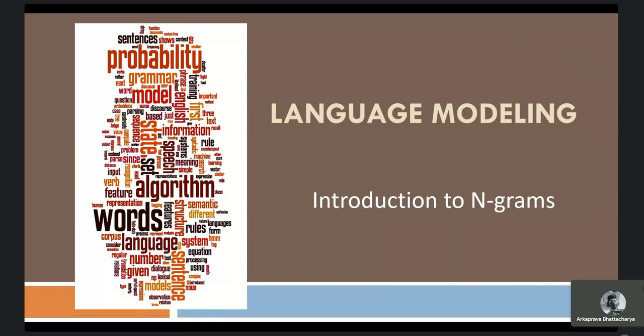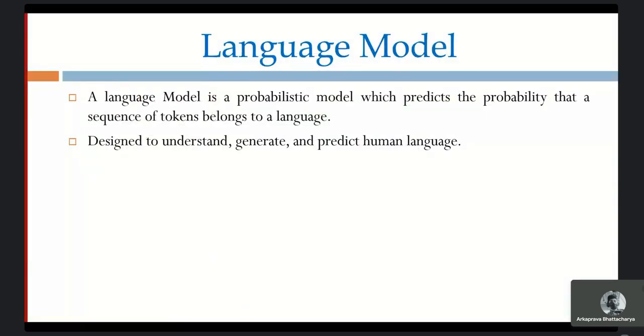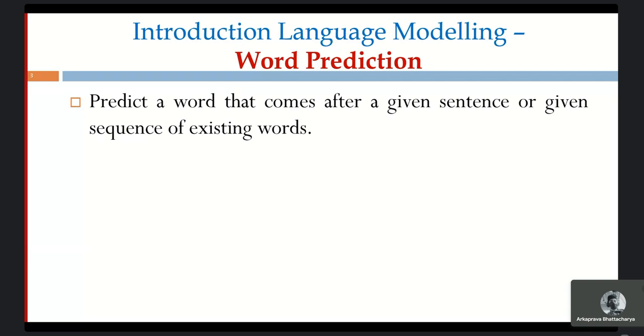So this is a language model. This is one of the most important topics in natural language processing. You can say this is a building block of our NLP applications, and it is very useful. Language models are fundamental components of NLP and computational linguistics. They are designed to understand, generate, and predict human language.